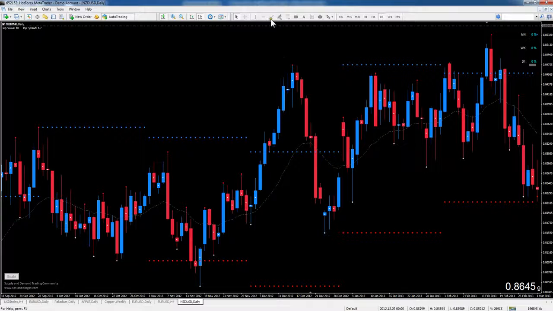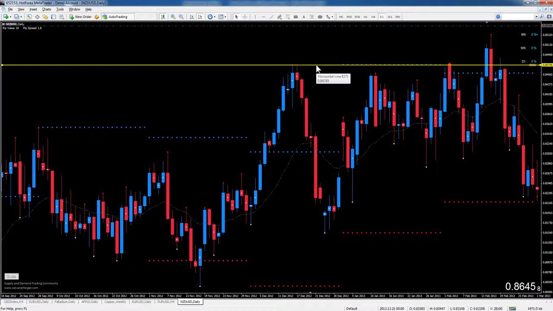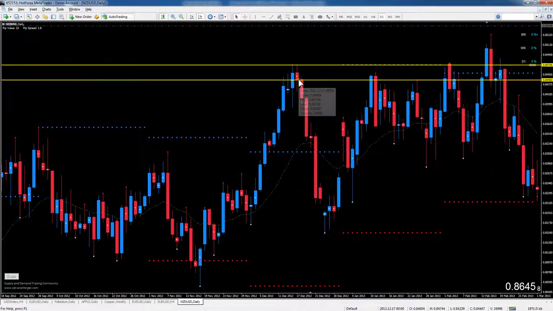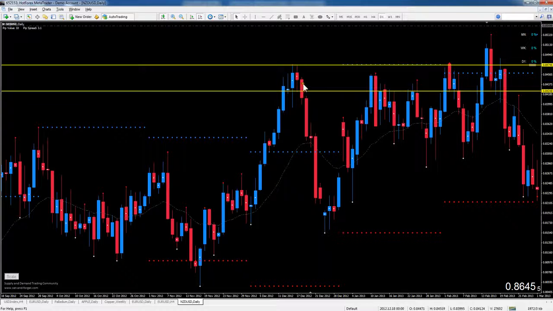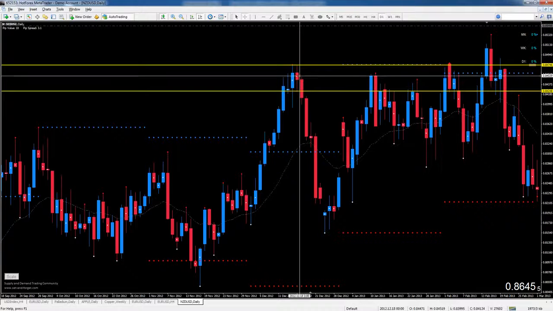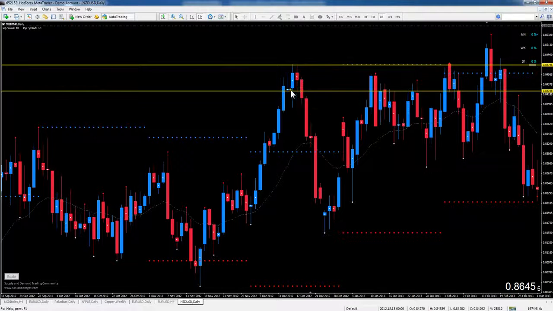So we look left to the candle that is engulfed, which is this one, and then we mark the highest high of that area, and then the lowest low of that first candle to the left. Are there any other candles that close within that range of the first candle? One, two, three. So we take the lowest open or close of the candles within that range, and that is the level.